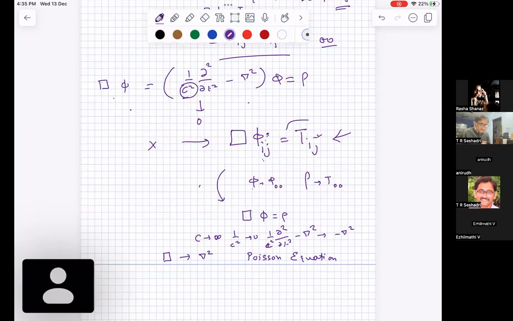Can you just repeat the last part which you said? What I said was, all this shows that by taking Newtonian gravity and somehow by force doing some jugaad, incorporating it in special relativity, we may be able to achieve some weak field limit, but we cannot get a full theory of gravity in this way.